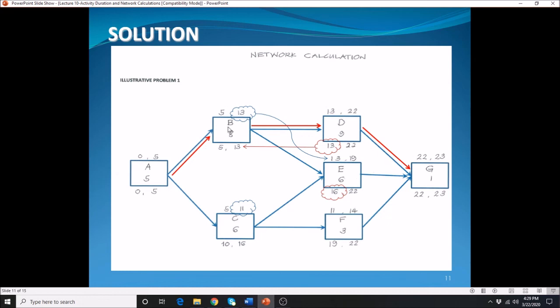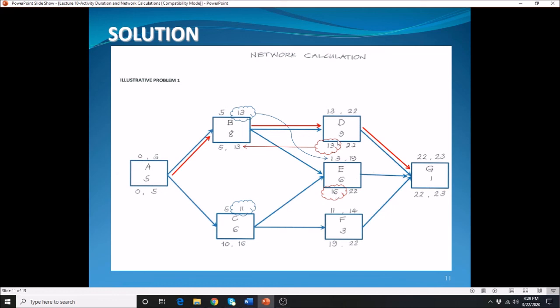Let's move on to your B. Notice here that we have two arrows, which means they are connected by two succeeding activities. Remember, when we did the forward calculation, we considered the maximum as we move forward. This time, as we perform the backward, you have to consider the minimum. Alright, so for your B, you're coming from your D and your E. Notice here we have 13 and we have here 16.